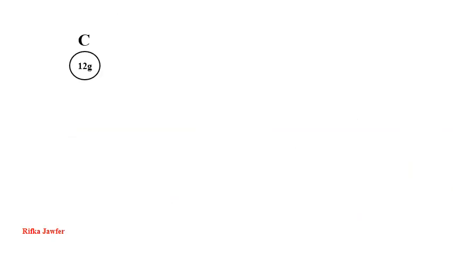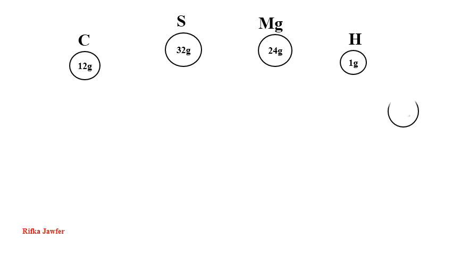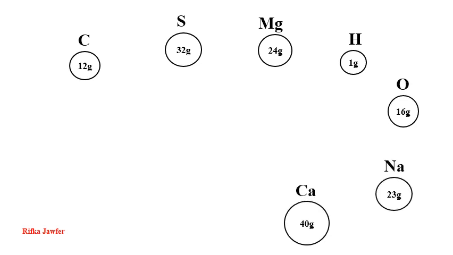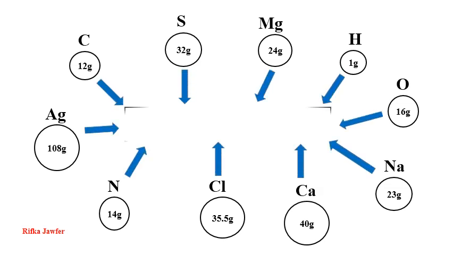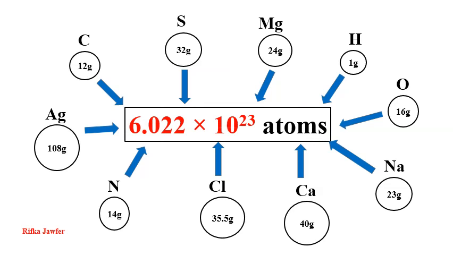If you measure 12 grams of carbon, 32 grams of sulfur, 24 grams of magnesium, 1 gram hydrogen, 16 grams oxygen, 23 grams sodium, 40 grams of calcium, 35.5 grams of chlorine, 14 grams of nitrogen or 108 grams of silver, where again each element is measured in masses equal to their relative atomic mass, know that each contains exactly 6.022 × 10^23 atoms, which is a constant value for all.